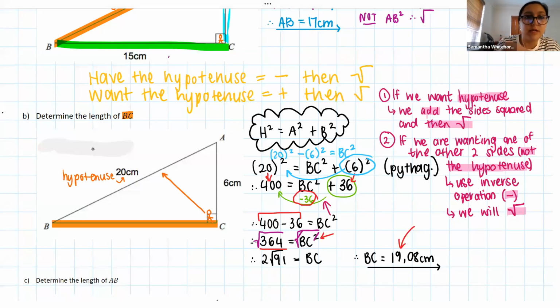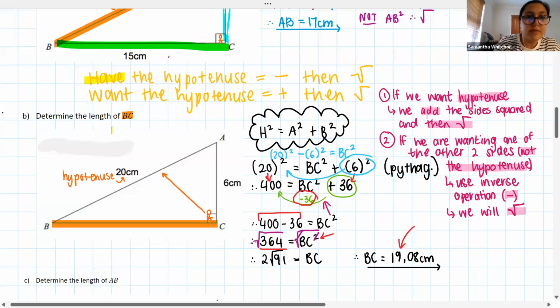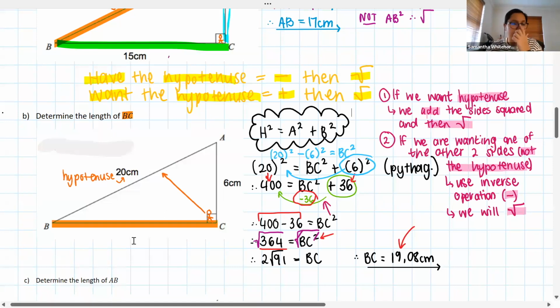Okay, so recap. Have hypotenuse, subtract, then square root. Want hypotenuse, add, then square root. Much better summary than my nonsense. Hold on, Amatle. Right, last one, Atlachang. Hi, ma'am.